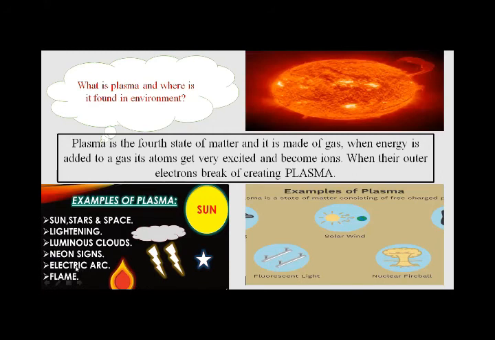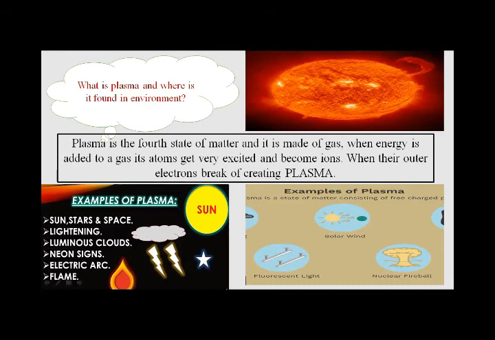Electric arcs occur in nature in the form of lightning. Neon signs are illuminated signs constructed from fluorescent light. In your house, you have a fluorescent light or tube light. It is in the form of a bent glass tube. Okay, so this is all about plasma.